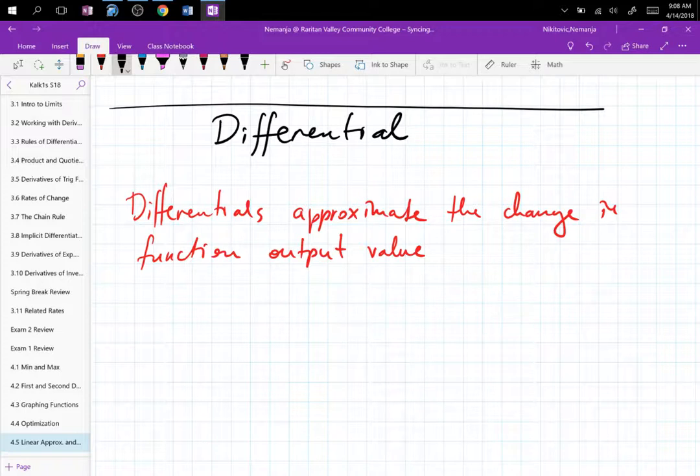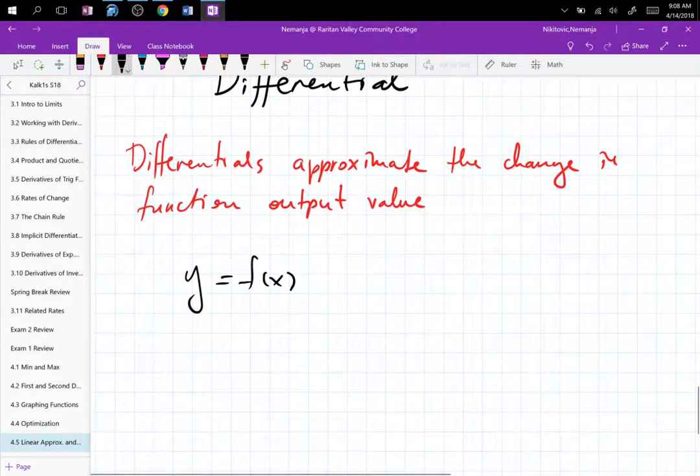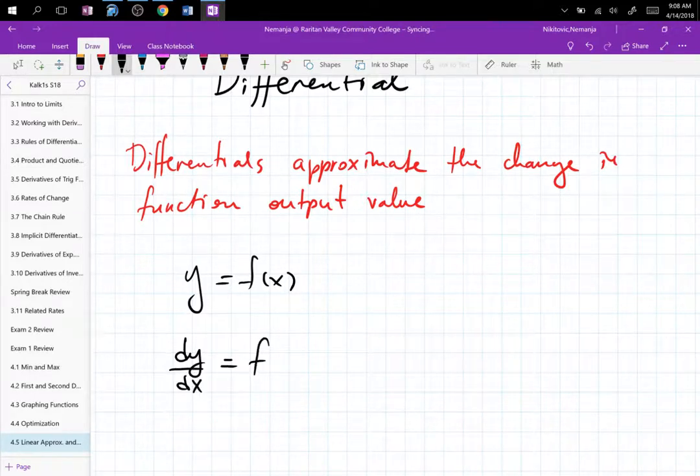And it's a very simple manipulation on your pre-calculus formula y equals f of x. When you write y equals f of x and you differentiate both sides, on one side you use Leibniz notation dy dx, on the other side you use modified Newton's notation with f prime.